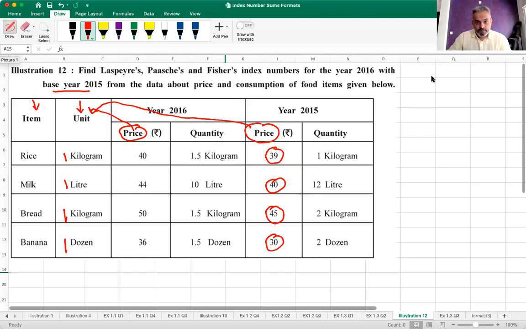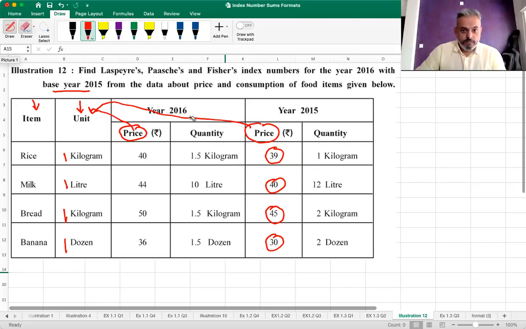Now, quantity is what we are consuming in the year 2016 and in the year 2015. Now, over here, this price is of 2016, this price is of 2015. 2015 is the base year, so P0.